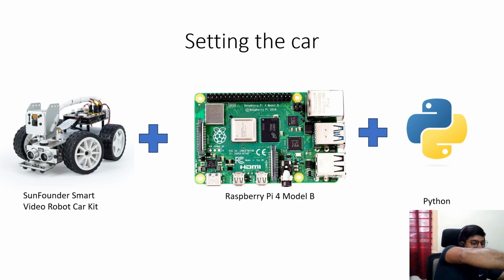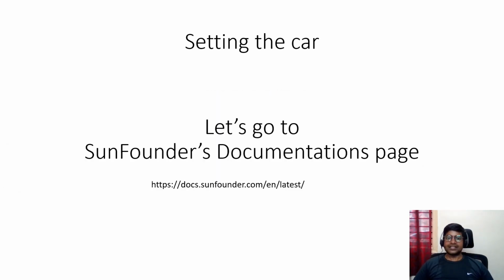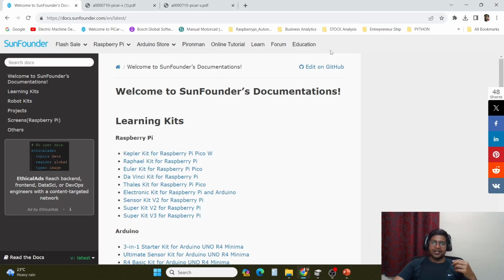So let's go ahead and do that. Let's go to the SunFounder documentation page, where we will go through how to assemble the car, how to set up your Raspberry Pi OS, and how to install all the necessary libraries to run your car, and then finally we'll give the car a first run. Okay, so finally I am on the SunFounder documentation page, but let me tell you what I want.